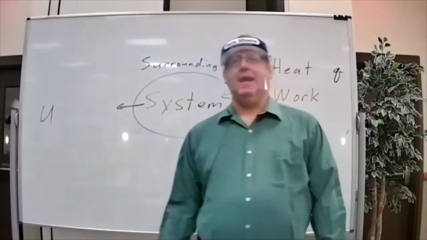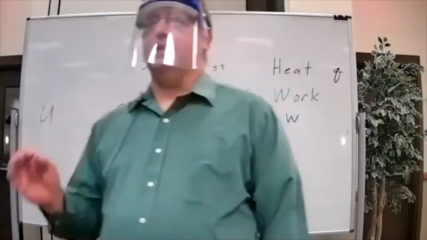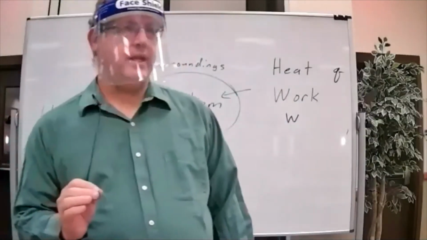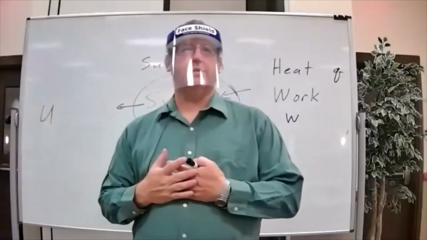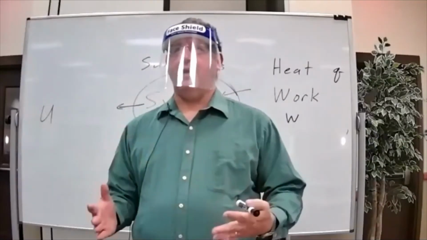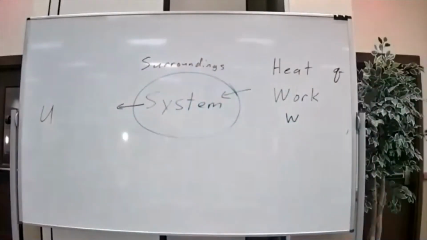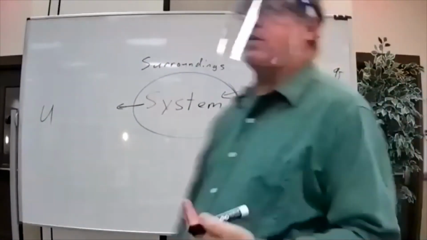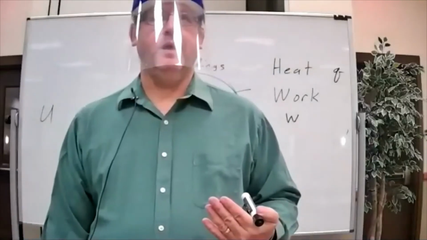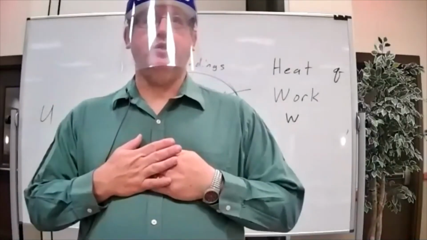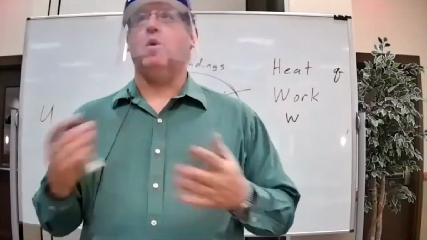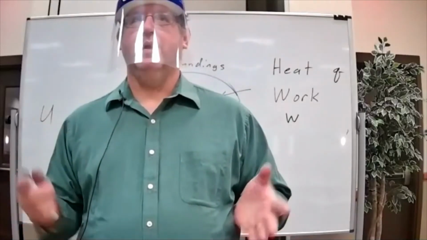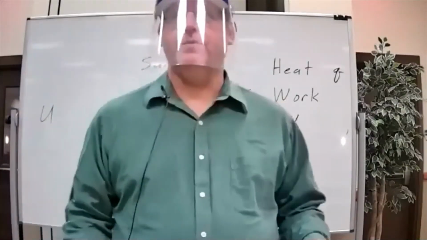A state function means something depends only on the initial and final state. Now, work can be defined as force times distance. So if I move from here over to here, a certain amount of work was done. And if I move back here, a certain amount of work was done. Now, the change in my location is 0, right? But the work is not 0. So work is not a state function.